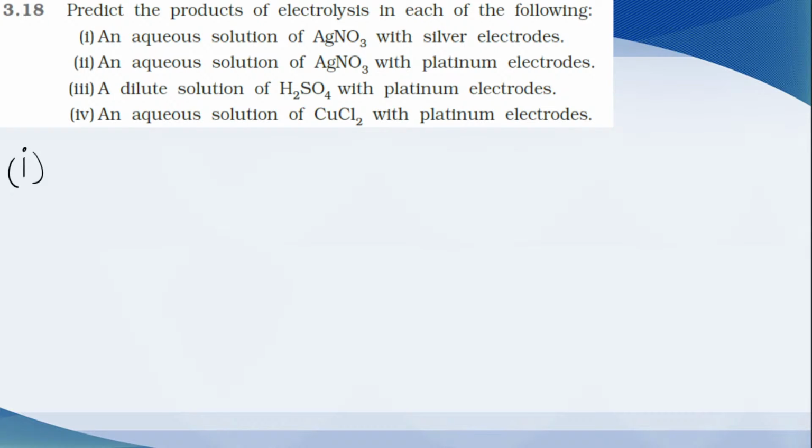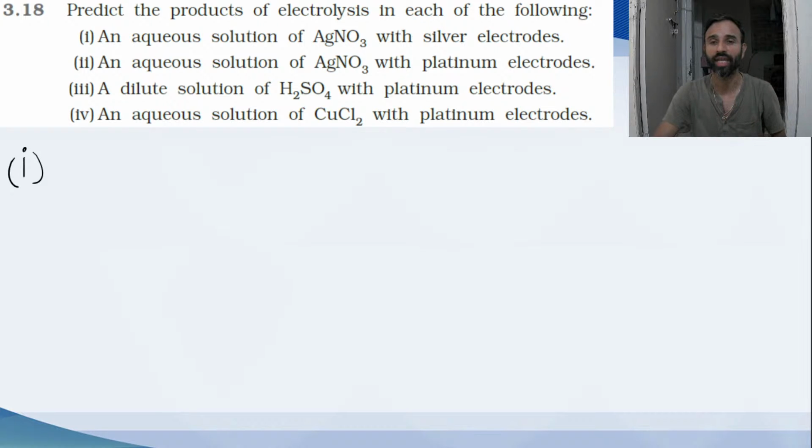Silver nitrate with silver electrode means electrode is attackable. So as electrode is attackable, at cathode as well as at anode, silver is active.